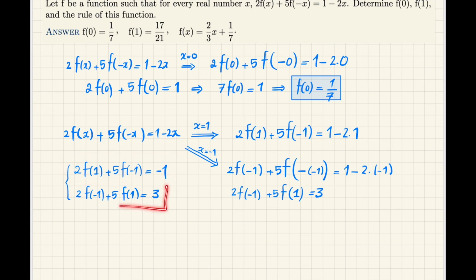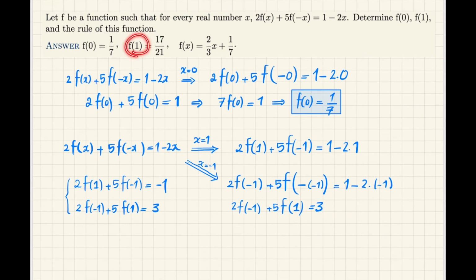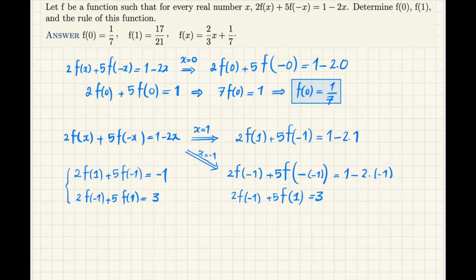This is the second equation in two unknowns. One of the unknowns is just f of 1, and the other unknown is f of minus 1. So in principle, I can solve this system and find f of 1 and f of minus 1. But my goal is to find f of 1, so let me get rid of f of minus 1. And you have this experience of how to solve this system.